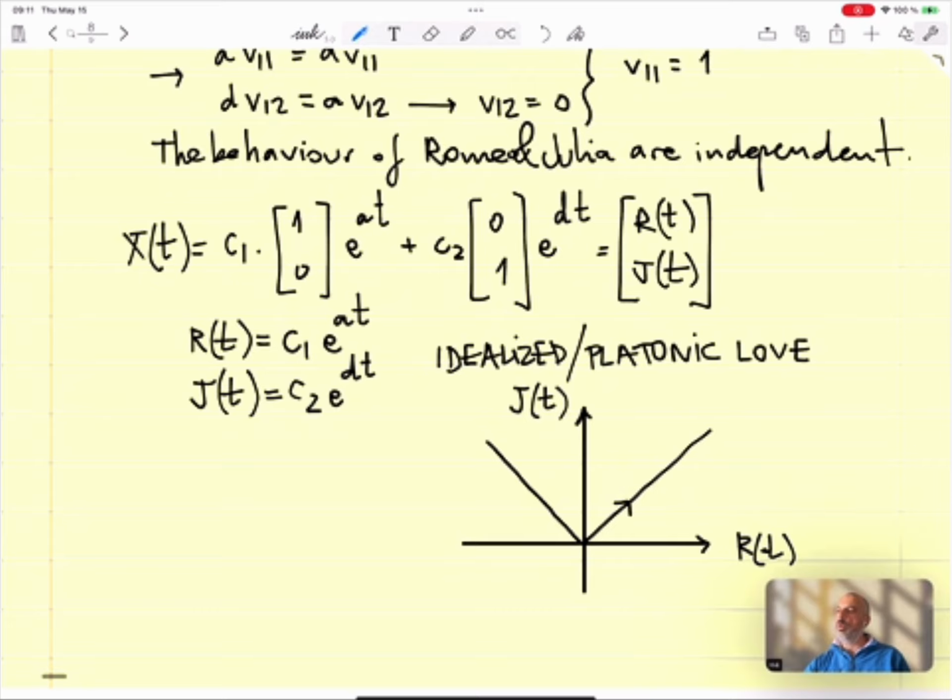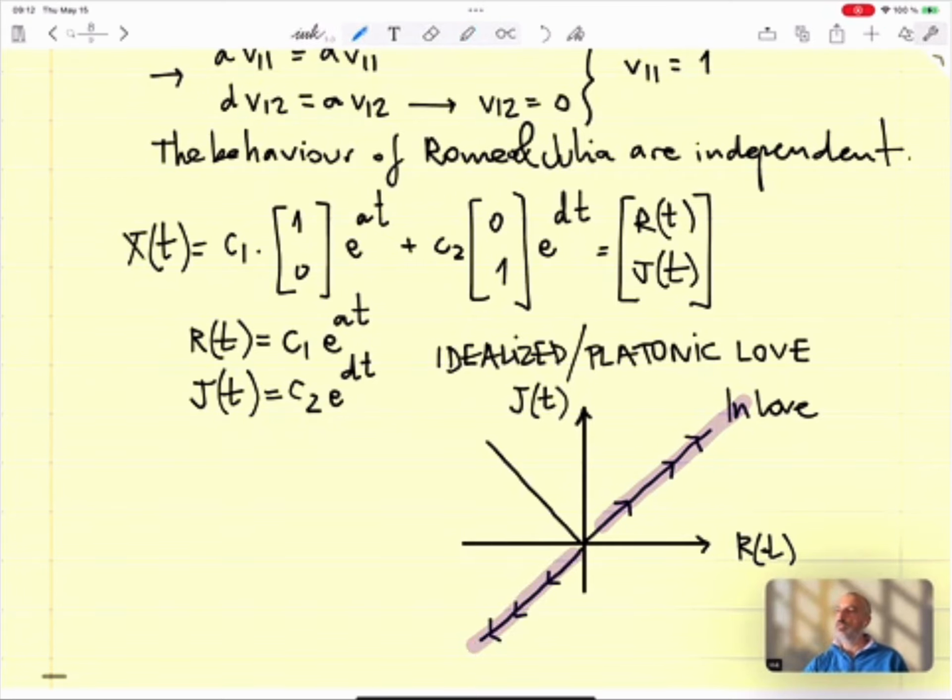They will be in love, and their love will grow exponentially. Okay, it will grow forever because they don't have any interaction. If they both hate each other, they will hate each other forever, so both are negative.